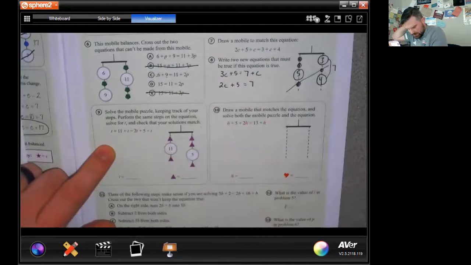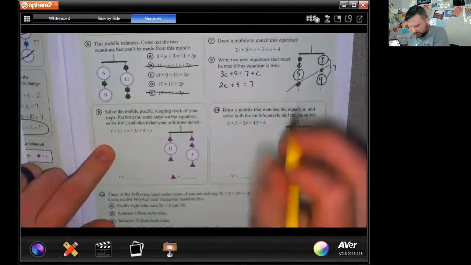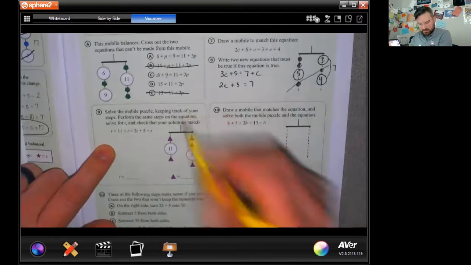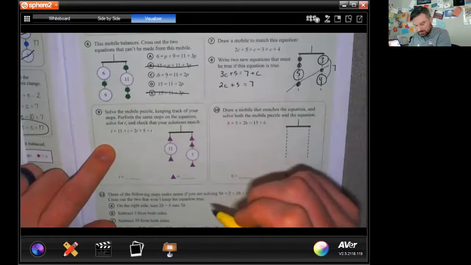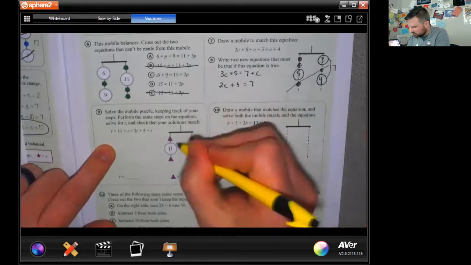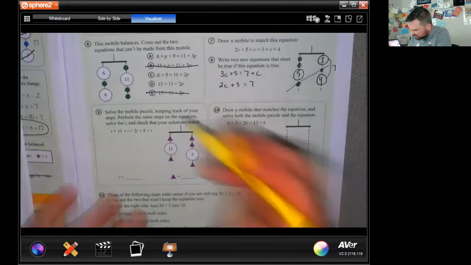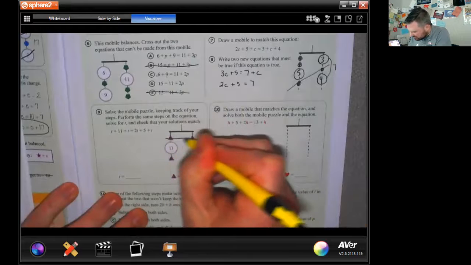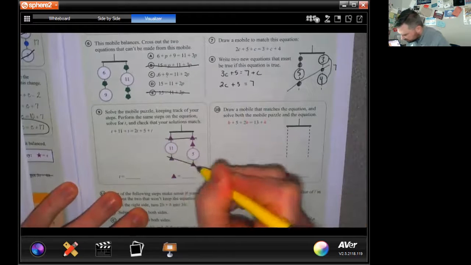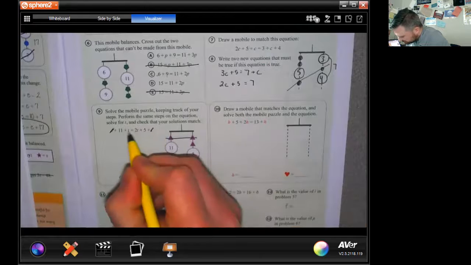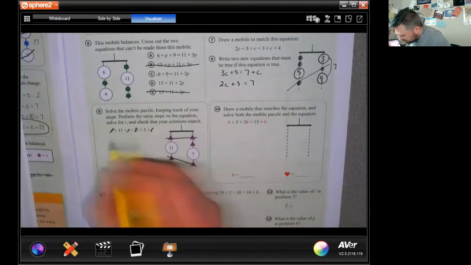Let's just cross out a couple of these t's, or these triangles here. So if I cross this one out and cross this one out, that's crossing this one and this one, and one of those. So I have 11.